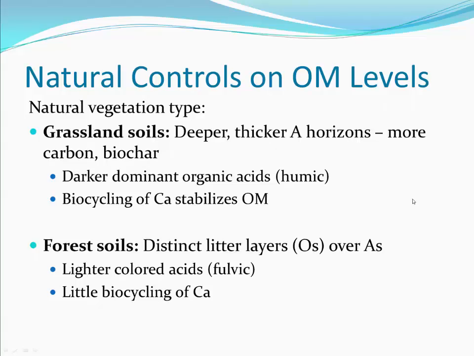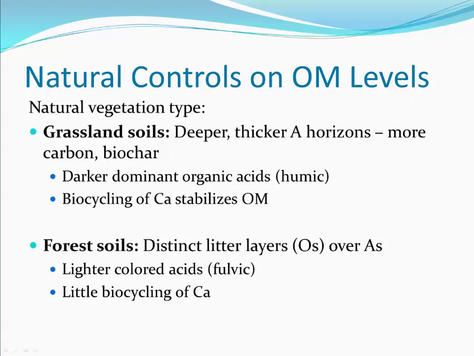Well, what are the natural controls on organic matter? Let's understand the natural and the human controls on organic matter, and then we can understand what our management choices might be. So these are things that we cannot really control.